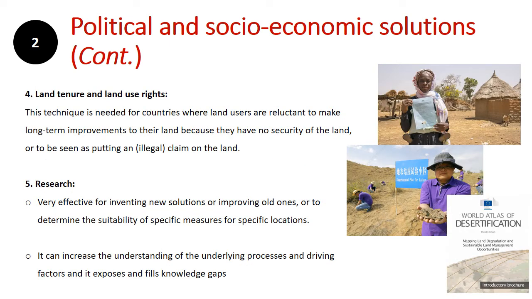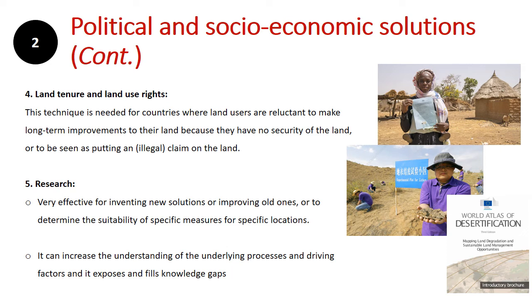If people do not own the land, then it will be very risky to invest so much in it. Therefore, land tenure and land user rights help to solve this problem. What you are trying to do with this solution is give the people a legal document showing that they own the land, or that they have a right to this land.